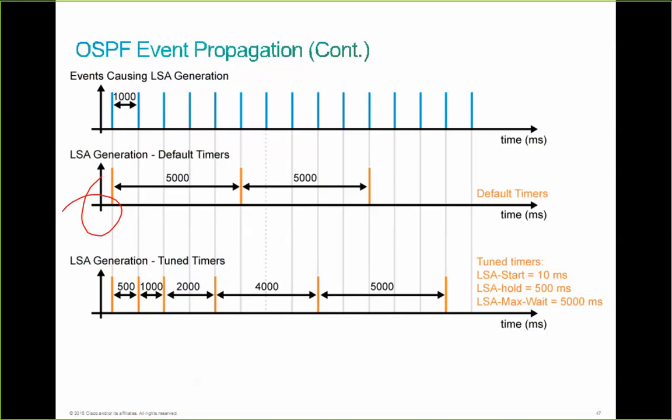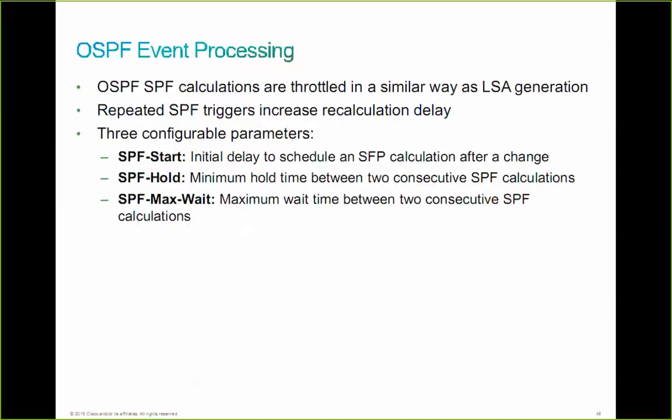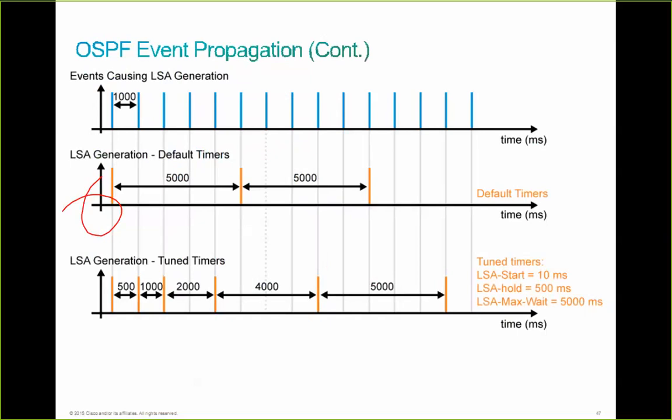So every 5,000 milliseconds, sorry about that, every 5,000 milliseconds, because that is also our configurable max interval, 5,000 milliseconds, we're propagating these events, okay? Now, with the default timers, again, that initial LSA gets generated after 0 milliseconds.